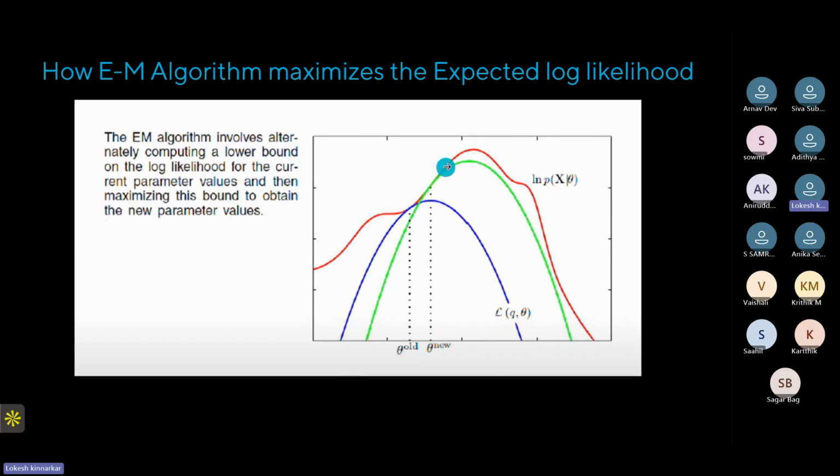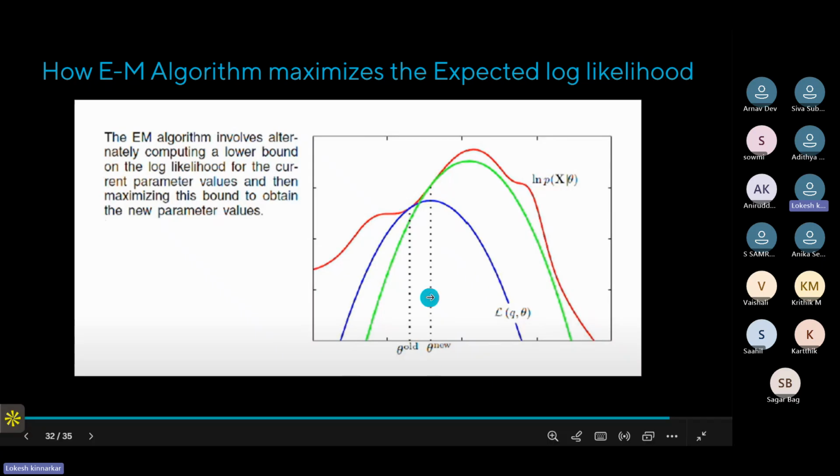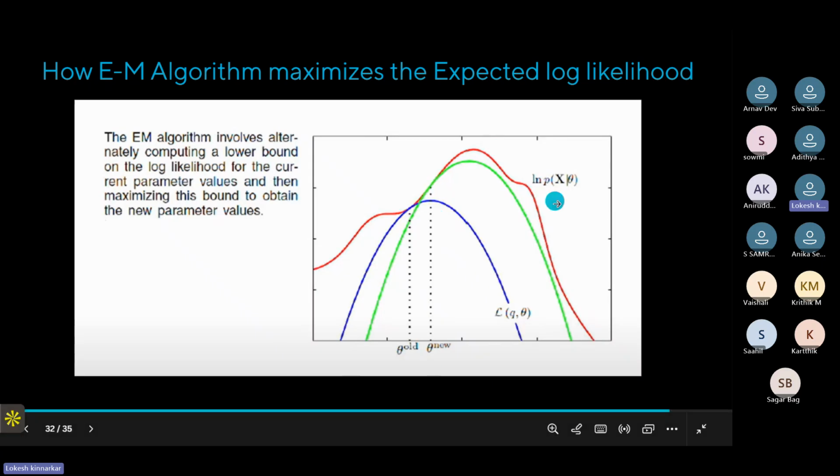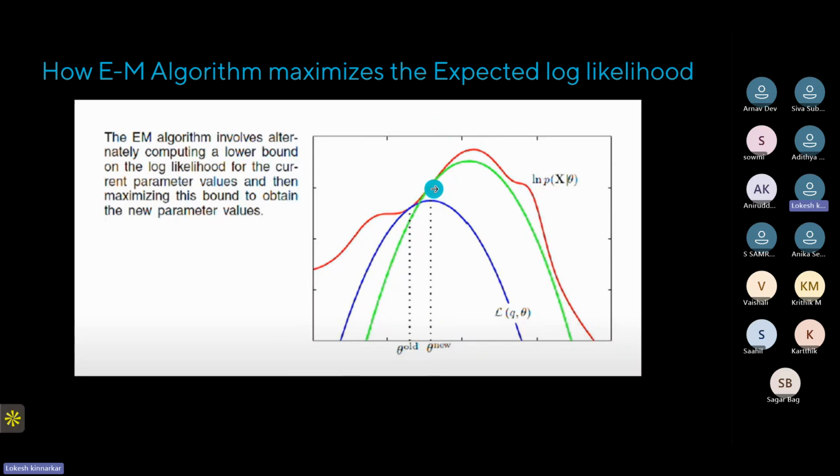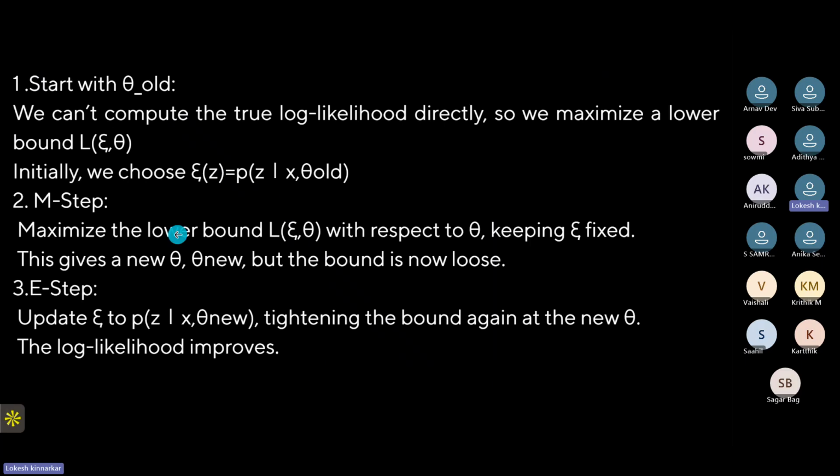But as you can see, at this particular point, the bound is not tight. Since it is not tight, we have not reached the convergence or the maximum log likelihood. So we will update Q, sorry, we will update this psi on the new model parameters.